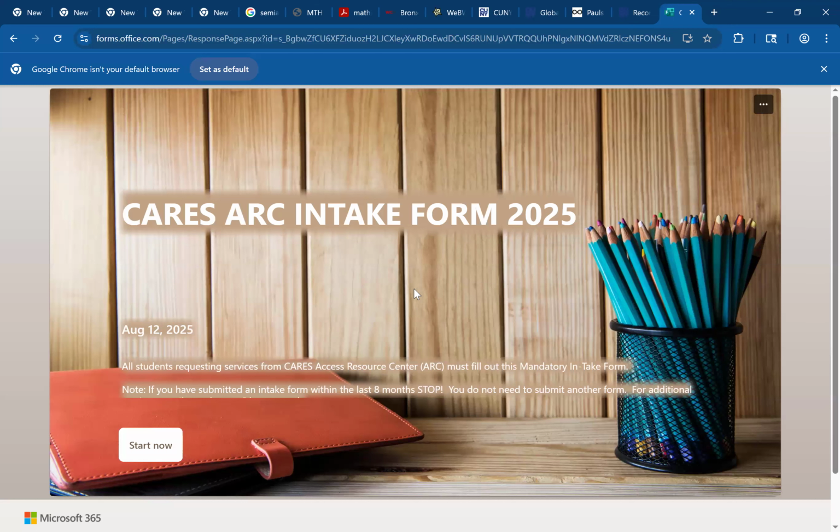When you fill out this form, it's a comprehensive form of all of the resources that they provide. I'm having y'all fill it out right now so y'all can get groceries tomorrow. But that doesn't mean you can't take advantage of any of the other resources they provide.